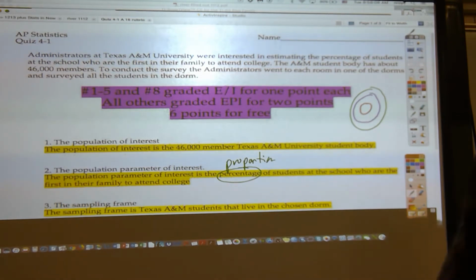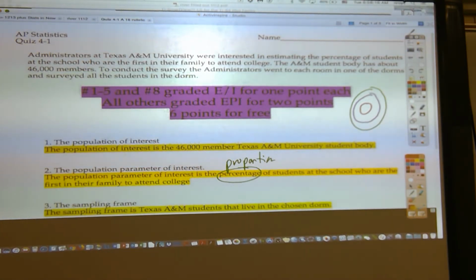If it's the dorm closest to the administration building, then what kind of sample would that be? A lazy convenience sample. What if they picked that dorm randomly? Then what type of sampling strategy? Simple random sample. If they pick the dorm randomly and then survey everyone in the dorm, that's a cluster sample.